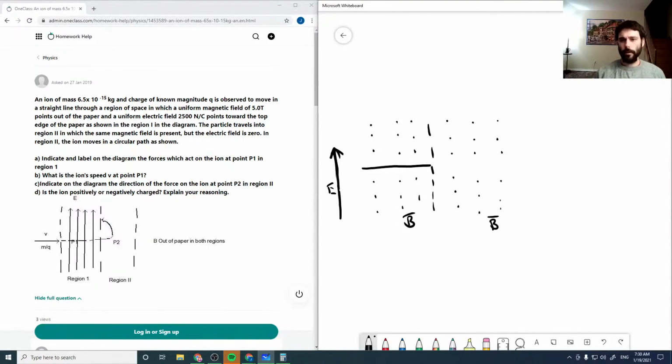And the particle is deflected into a circular orbit in this direction. So already we can get our charge from our B field there. Okay, so A is to indicate the forces which act on the ion at point P1 in region 1.